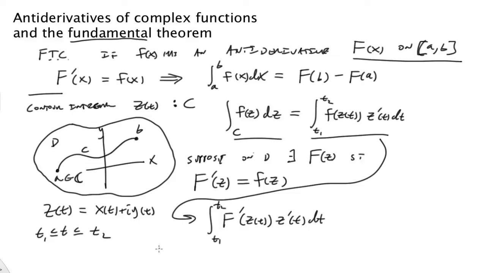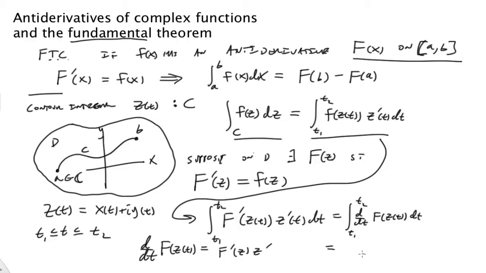And of course, if I were to take d/dt of capital F of z of t, that would be F prime of z times z prime. In which case I can rewrite this as the integral from t1 to t2 of d/dt of capital F of z of t dt.